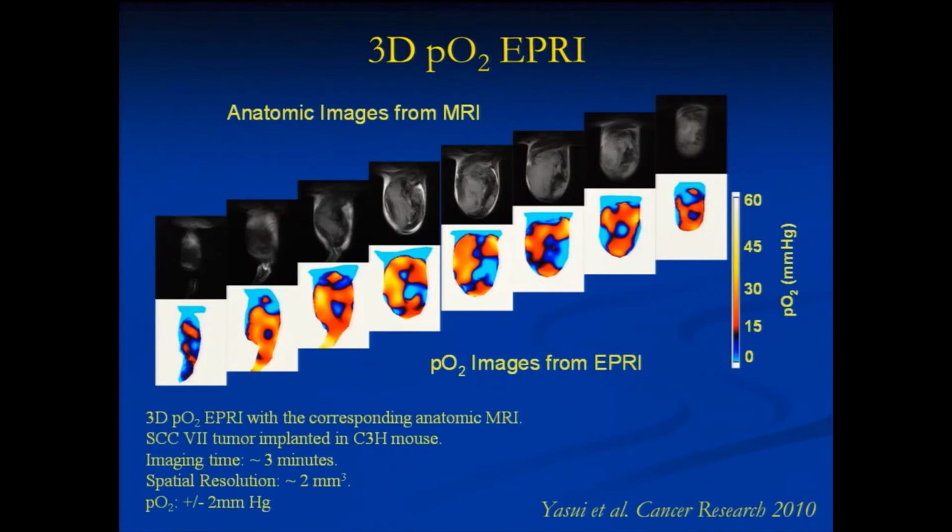As you can see, there are very nice images showing the heterogeneity and different levels of oxygen within these tumors. This can be co-registered with the morphological MRI images, and it can be done over time and in 3 dimensions with pretty good spatial resolution.